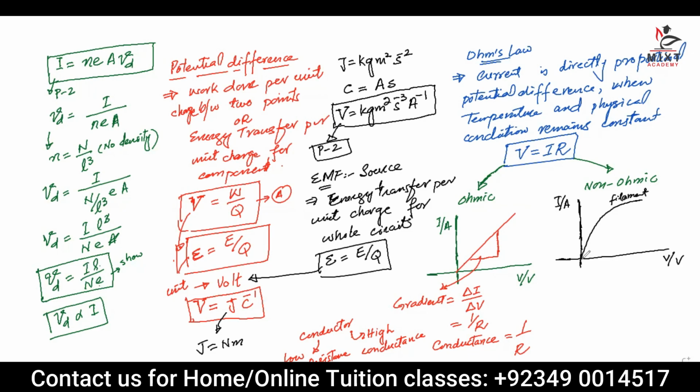The next graph I'm making the same way. So this is the thermistor. And the last one is the diode. Remember that the filament is a conductor whereas the thermistor and the diode are semiconductors.